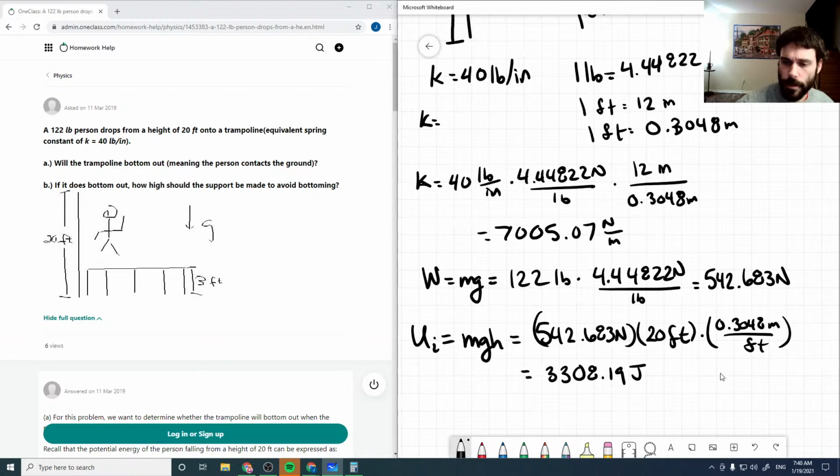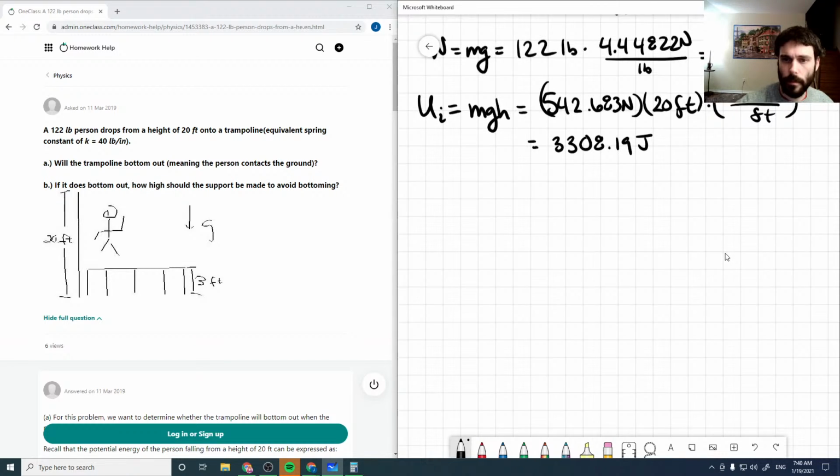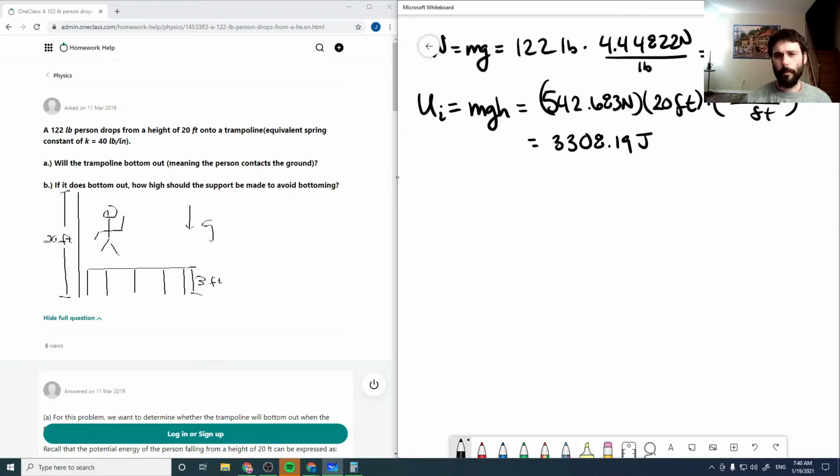And now from conservation of energy, our initial energy is just our potential energy. Our final energy is going to be our final potential energy.